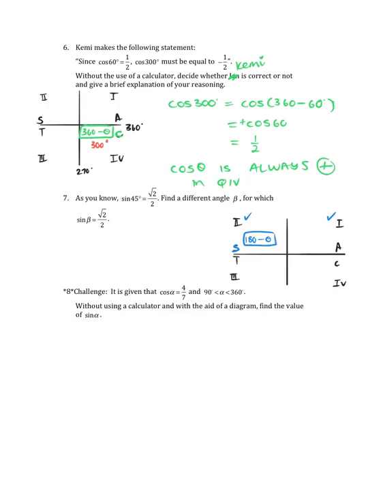So sine of 45 would be here in quadrant 1. We know that whatever angle we find, it needs to fall in quadrant 2. It needs to fall between 90 and 180. Why? Because the ratio formed is positive. So if the ratio is positive, I have to be working in a quadrant where that function is positive.